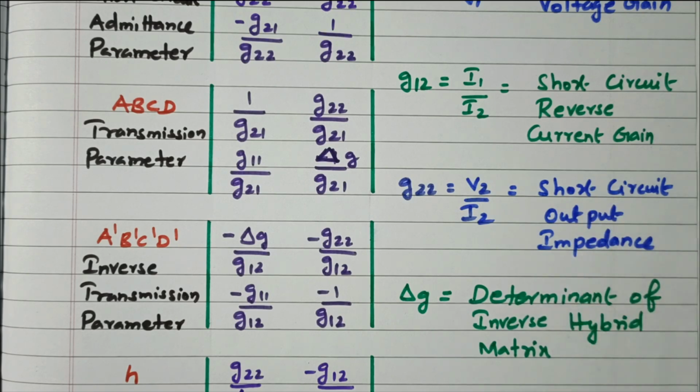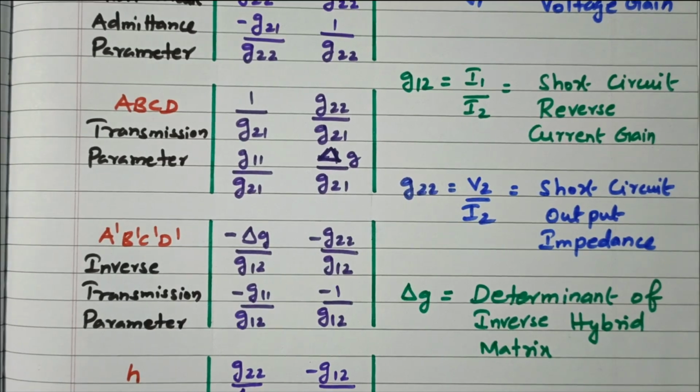Voltage in terms of current and current in terms of voltage are both available, that's why it is called a hybrid parameter. Normally in Z parameters, voltage is expressed in terms of current. In Y parameters, current is expressed in terms of voltage, but here both are available. That's why it is called hybrid, followed by inverse hybrid parameters.